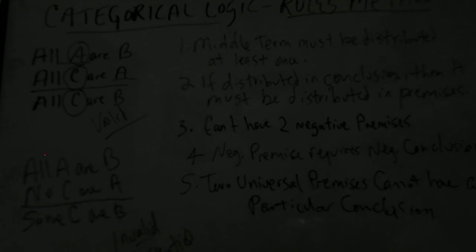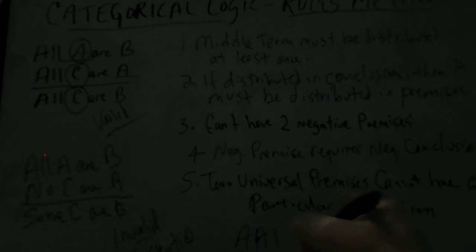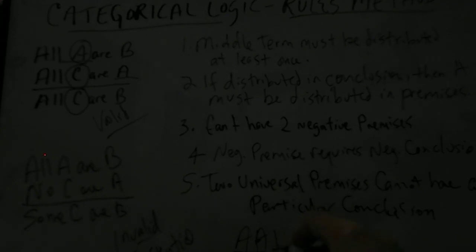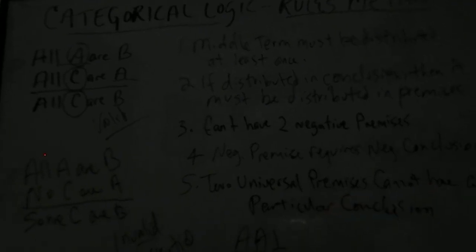All right, so here you have another situation where all you really have to look at is the mood and the figure, and you will be able to tell whether it violates this rule or not. So if you saw AAI, for example, AEO as an example, anytime you saw two universal premises leading to a particular conclusion, you would know that it would violate this basic rule.